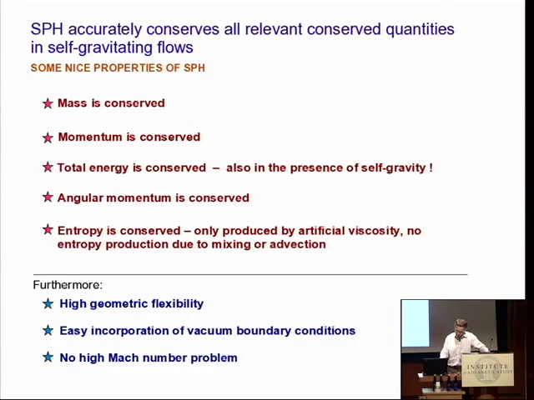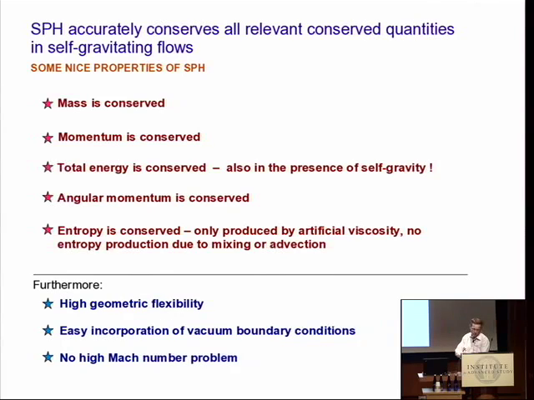And furthermore, it's geometrically flexible and can be easily combined with vacuum boundary conditions. There's no high Mach number problem. The high Mach number problem is the issue that especially in cosmological structure formation simulations, you often have flows that are initially very cold. For example, stuff that rains onto a structure, a cluster or so. There's gas flowing in very deep gravitational potential wells, but it's initially coming out of, say, a void where it's very cold.